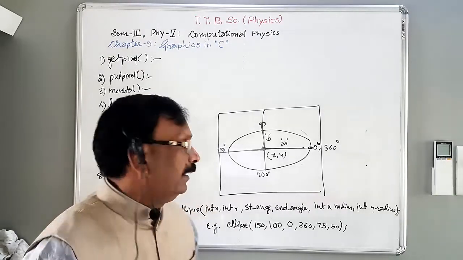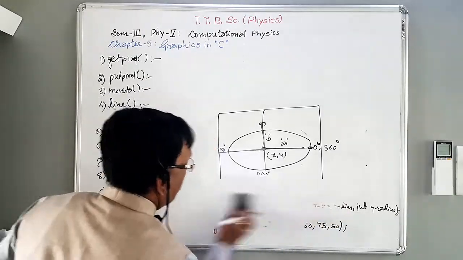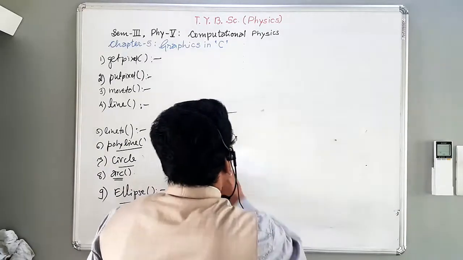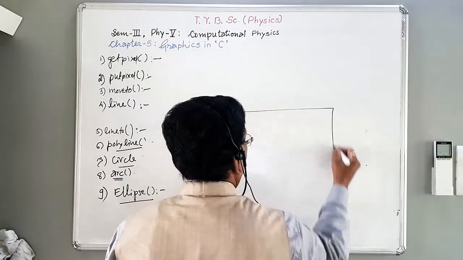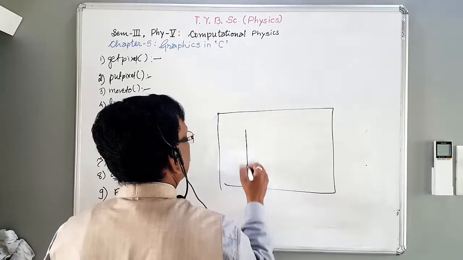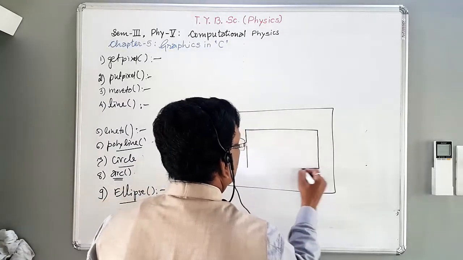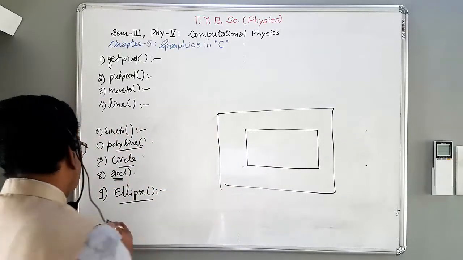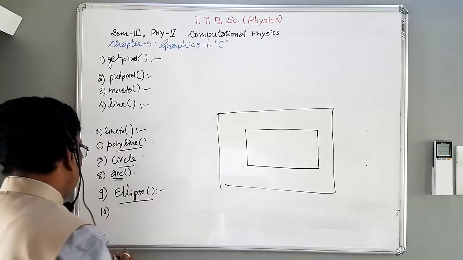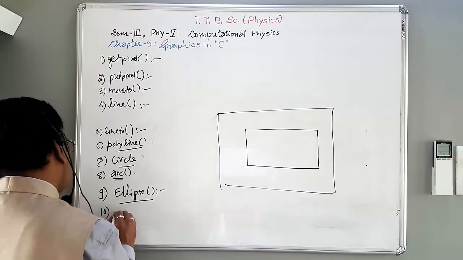Now, rectangle. Suppose this is a computer screen, and on this computer screen we have to draw a rectangle. Then what we have to do? We are going to use the next command, that is command number 10, rectangle.